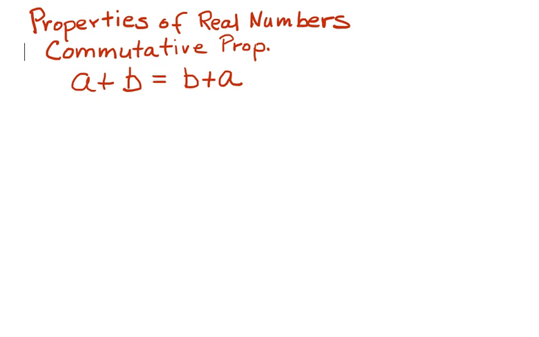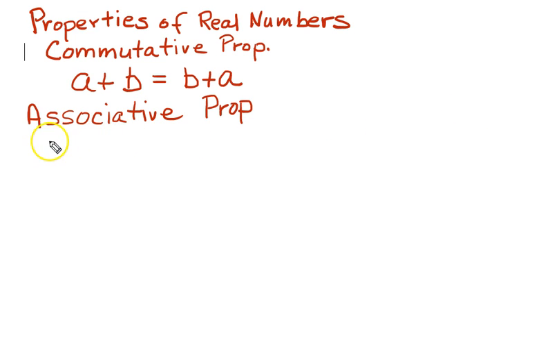Now our next property, and we'll write this out together, is the associative property. Now here we have items A plus B plus C, and this side A plus B plus C, and you'll notice they are in the same order.